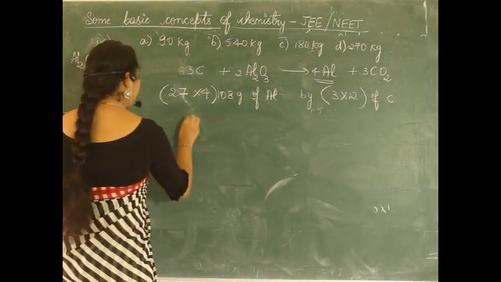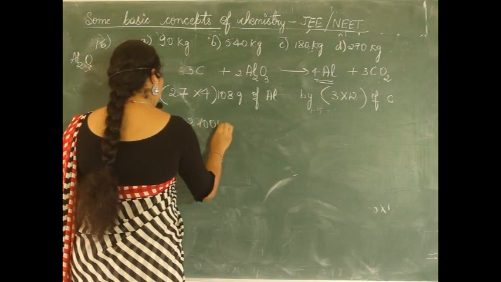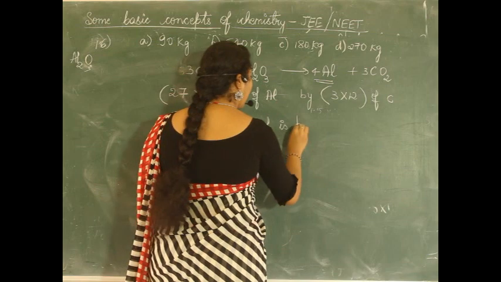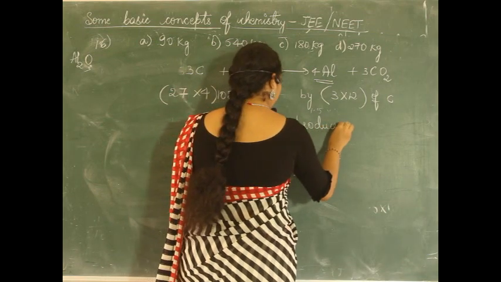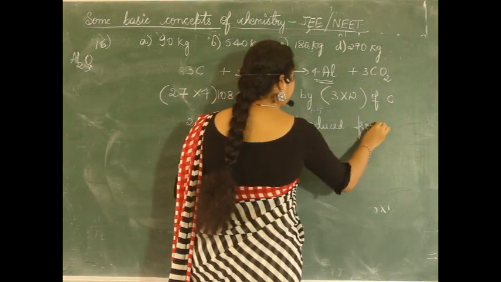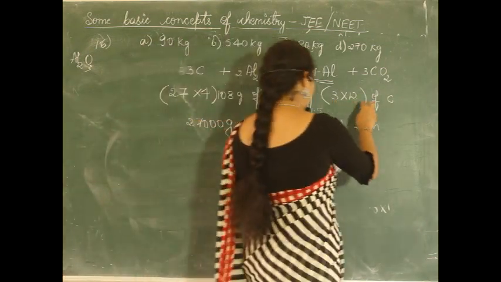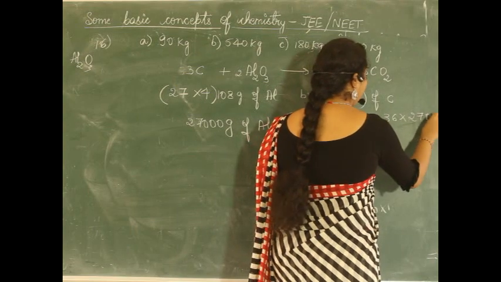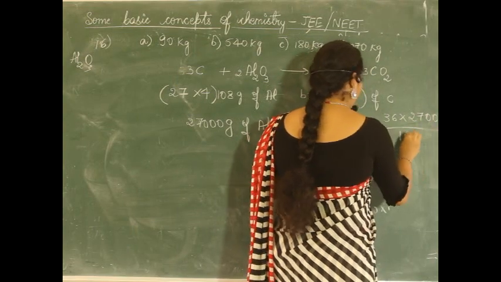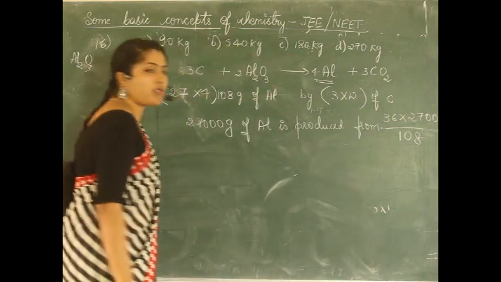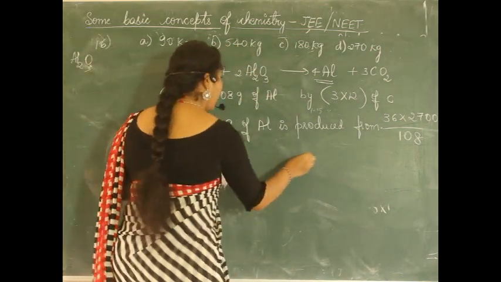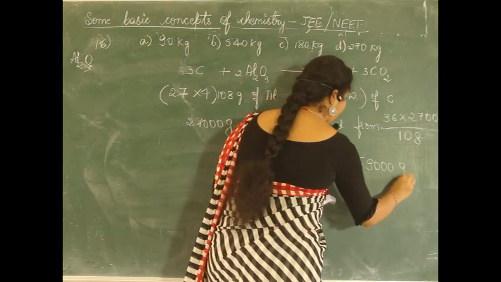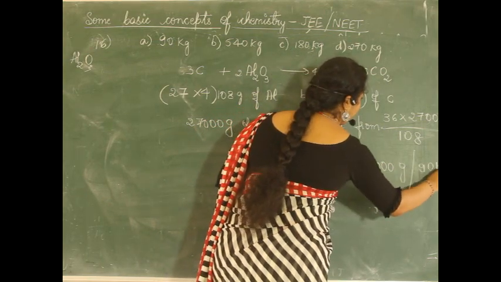Now let us see, 27,000 gram of aluminium is produced from here 12 3s are 36 into 27,000 by 108, which is the molecular weight of aluminium. How much do you get it as? You get it as 9,000 gram or 90 kg.